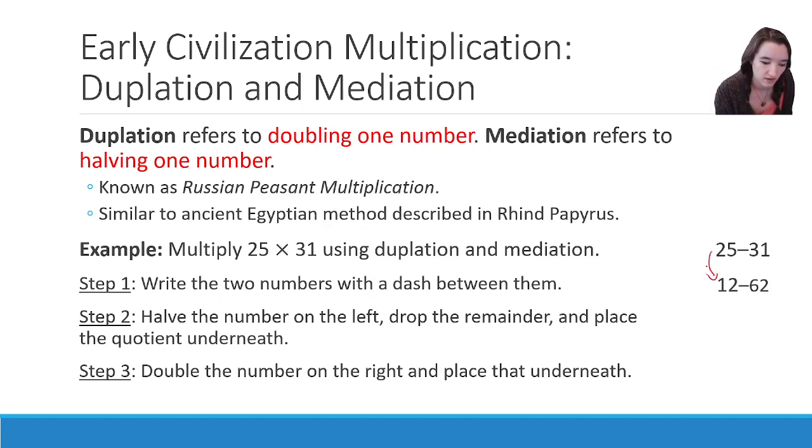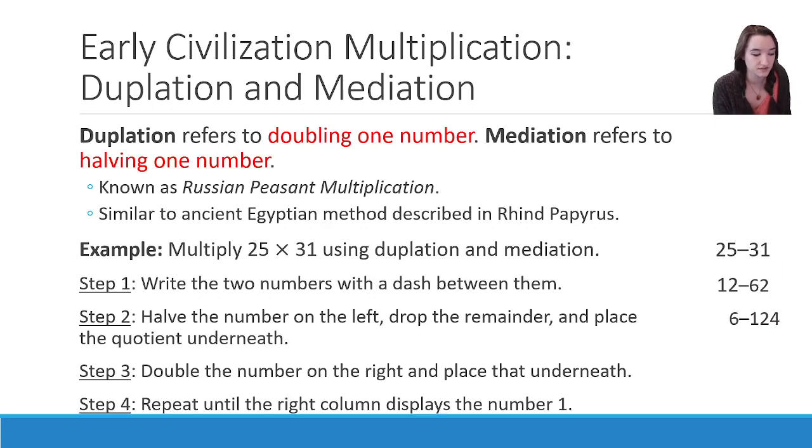So half and double. So times 1/2, times 2. Or divided by 2, times 2, however you want to think about that. And then we repeat this method until the right column displays the number 1. Now, we're not done there, but we're going to go through.